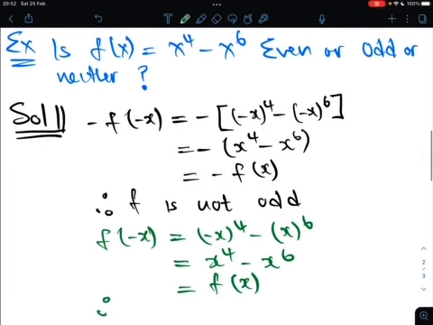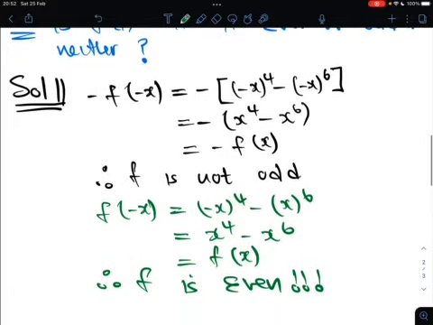So therefore the conclusion here is that f is even. So yeah, these are typical examples of functions that are odd or even.